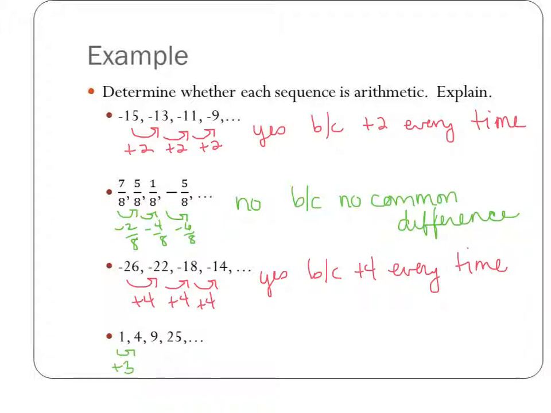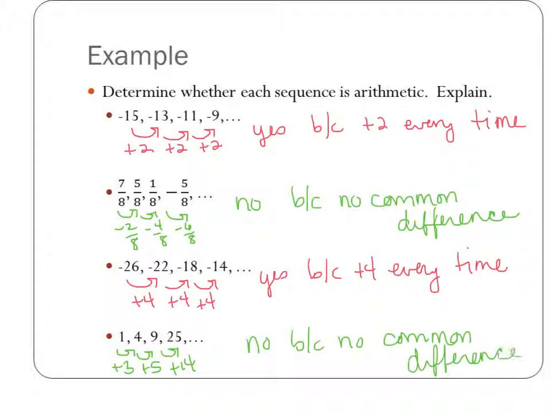Plus 3, plus 5, plus 14. No, because there's no common difference. And if we look at this last one, it's a pattern, it's just not the pattern we want. This is 1 squared, 2 squared, 3 squared, 5 squared. We must have forgotten 4 squared in there. All right.